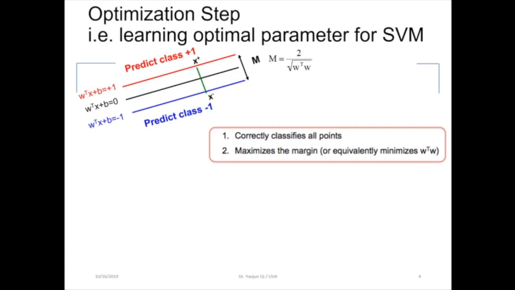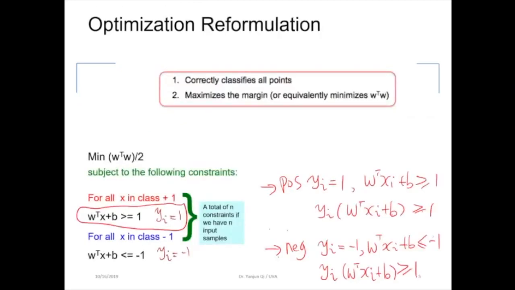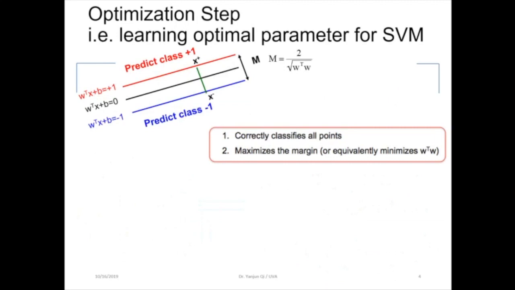Let's recap what we learned before about the linearly separable SVM. We try to achieve two goals. The first goal is to maximize the margin, which is equivalent to minimizing W transpose W. At the same time, we want to correctly classify all the points, because in the hard SVM case we assume there are solutions that can correctly classify all the training points.